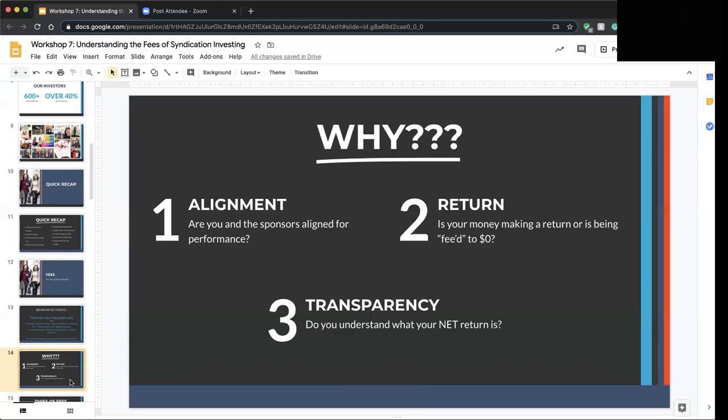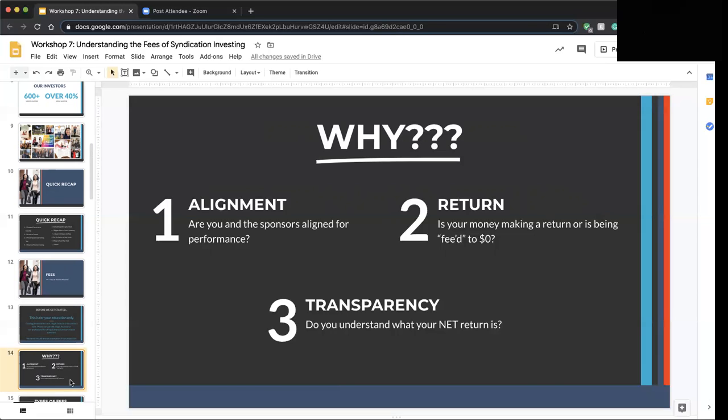Are you and the sponsors aligned for performance? This is a root question as you look through the investment summary and the PPM. When you look at all the different fees being charged in the investment, are they creating alignment? Are you and the sponsors rowing the same boat together?